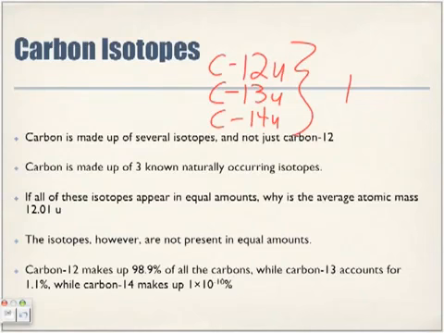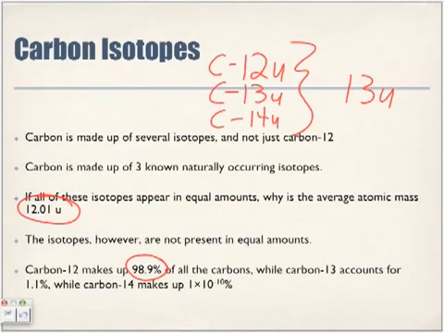But look at what the actual average atomic mass is, which means carbon-12 makes up pretty much the majority of all the carbons that are found in any type of compound. The other isotopes are rarely found in the different types of compounds.